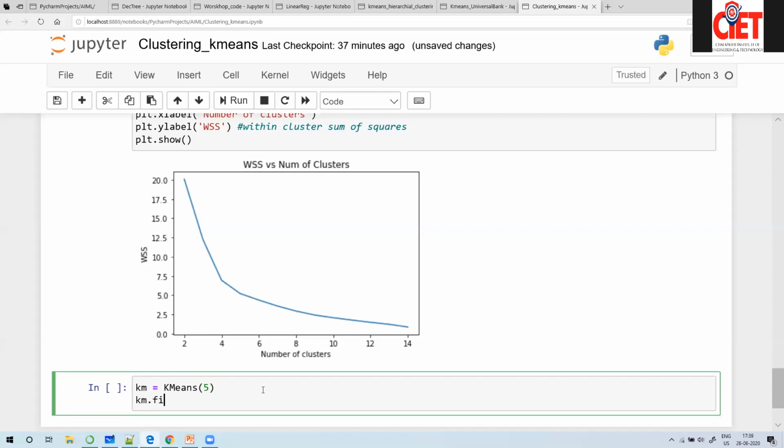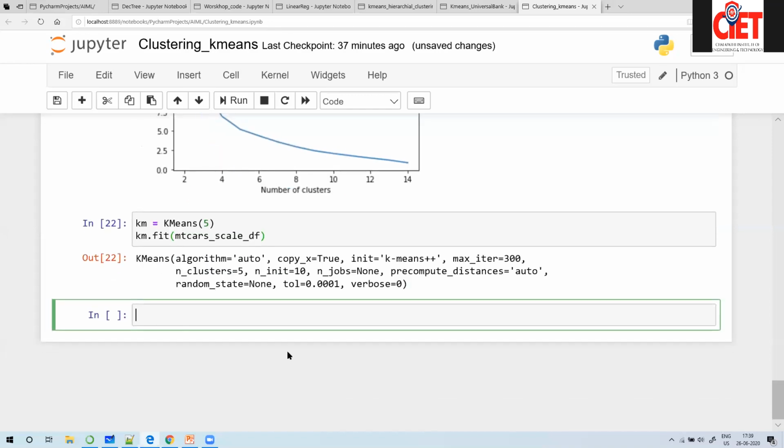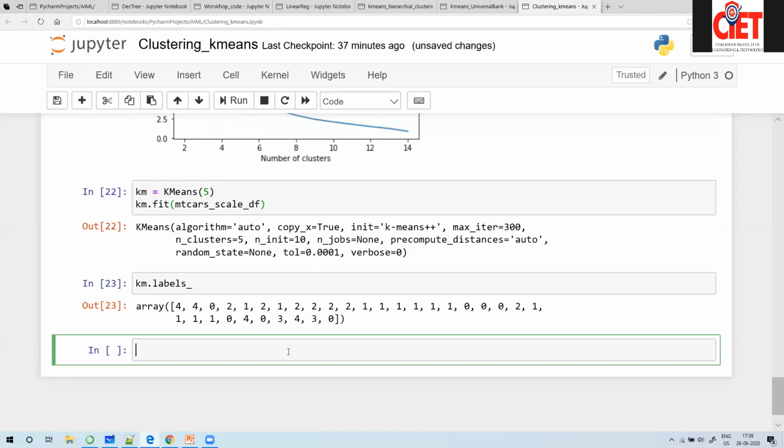km.fit on the scaled data, mtcars, scale_df. You got the labels, km.labels_.